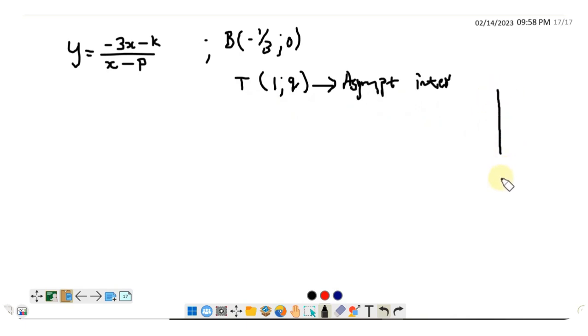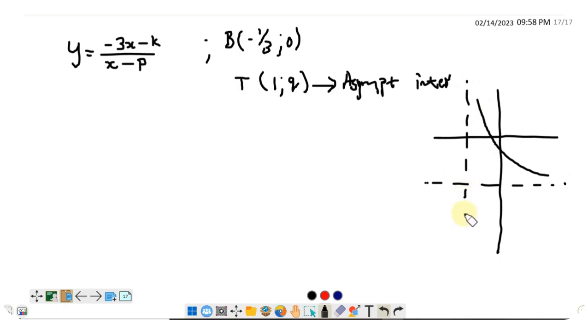So the graph looks like that. This is negative 1.